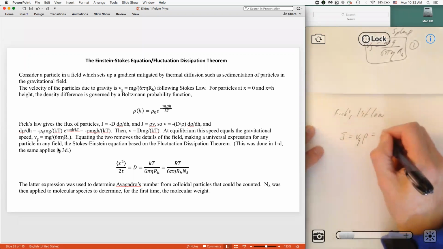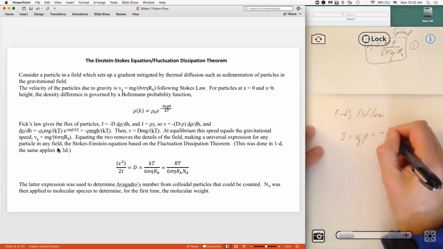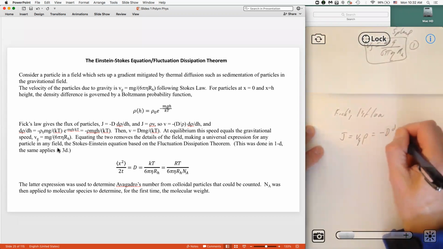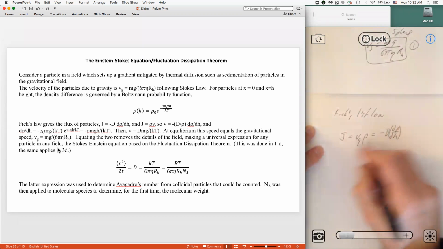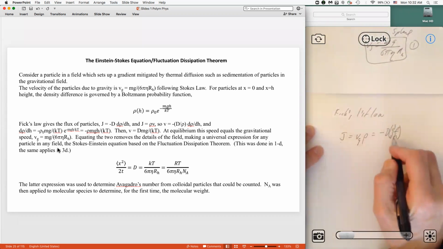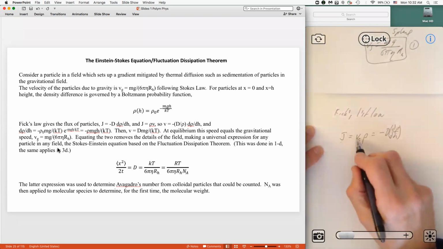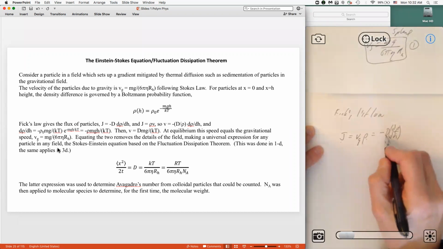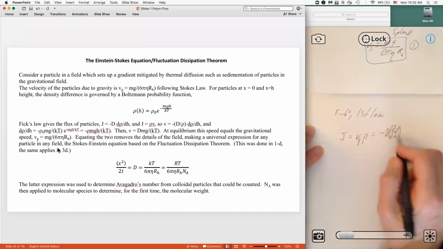And that also equals the negative of the diffusion coefficient times a gradient. The gradient in density gives rise to the flux. So the flux is defined as the velocity of the particle, which is called Vg, times the density. That's also equal to this gradient term.